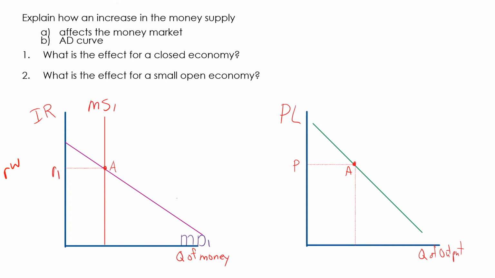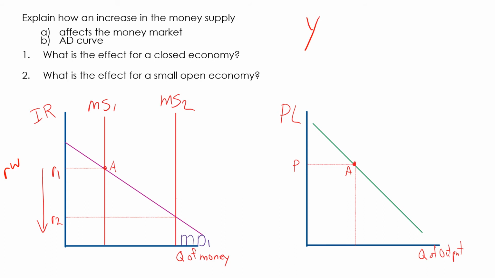Just like before, obviously the Bank of Canada is not very happy with the level of aggregate demand. They want to increase aggregate demand, so they print some money and increase the money supply, and that immediately brings down the interest rate.